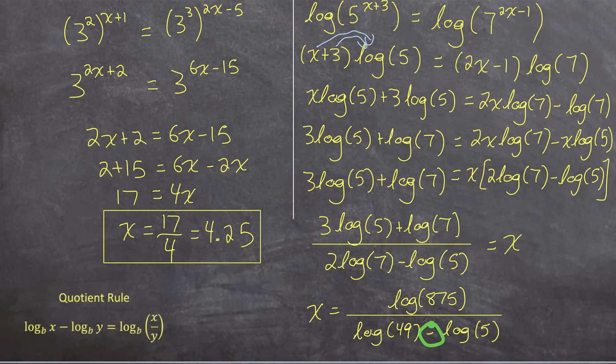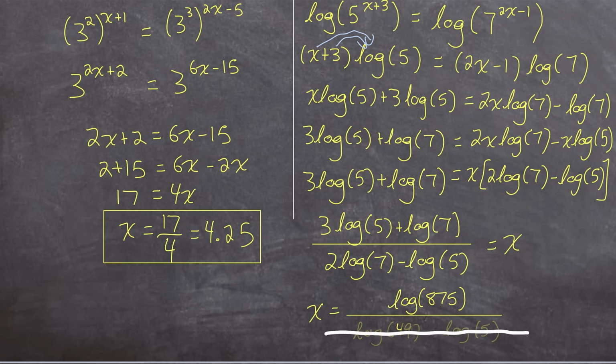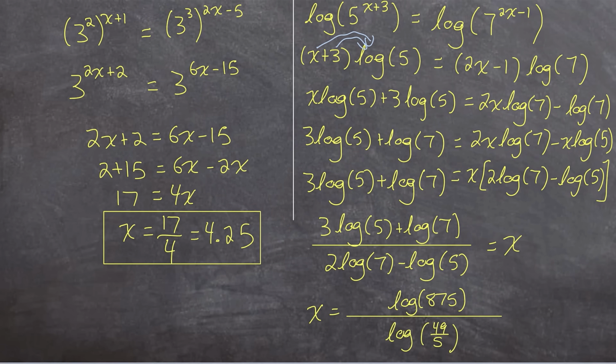And when subtracting logs with the same base, you can write them as a single log by dividing the arguments. So that would become log of 49 divided by 5. And then we could combine those into a single logarithm using the change of base formula, but I think I'll leave it like that, and then also just write the approximate value of this, which is about 2.97.